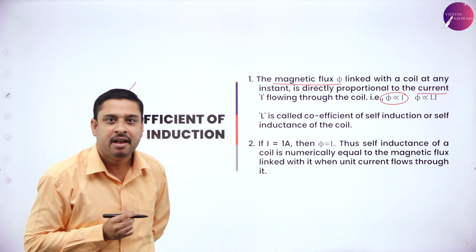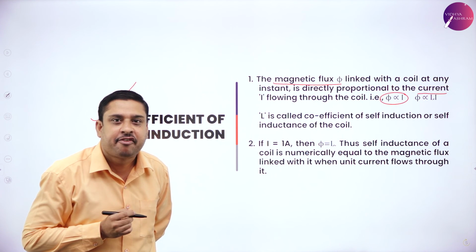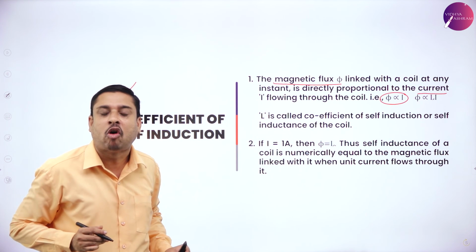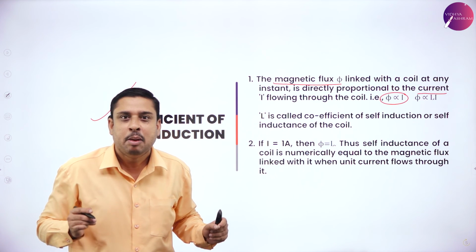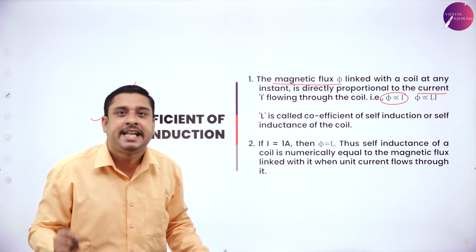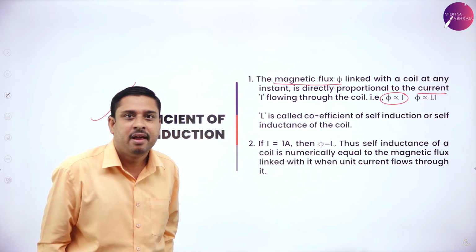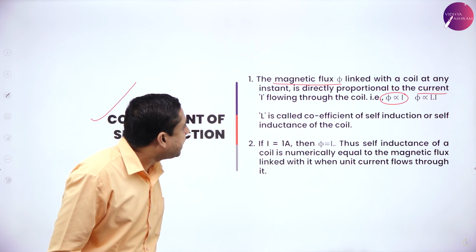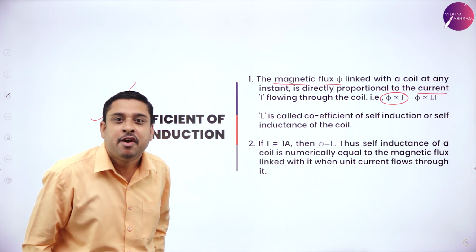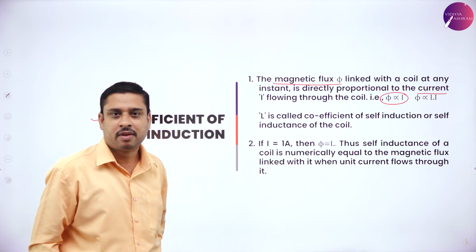The magnetic flux that is linked with the coil, the magnetic flux associated with the coil, is directly proportional to the current flowing through the coil.